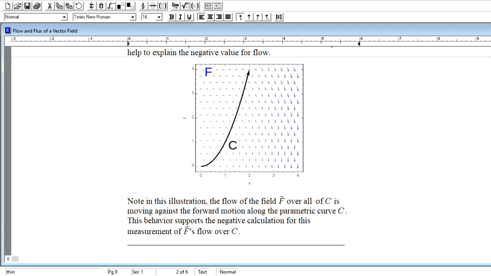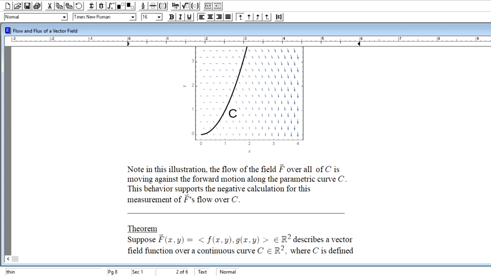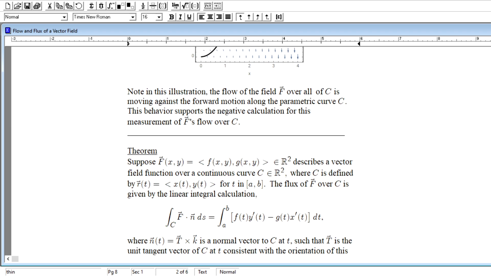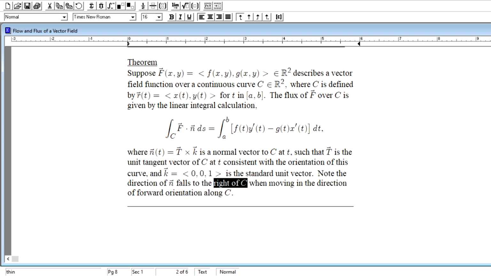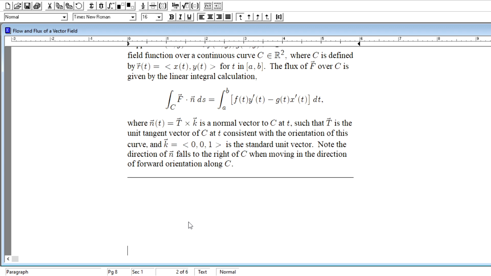If we were on this curve and moving in forward orientation, the right half of the curve would be this side, and n bar would be projecting orthogonally off our curve in this direction. It would follow the right-handed rule again, on the right of C as you move forward along the curve C.